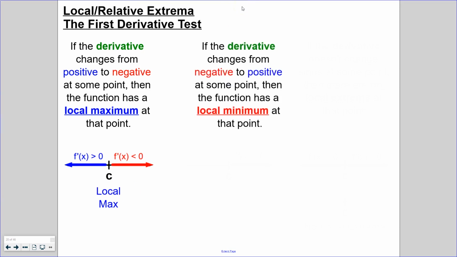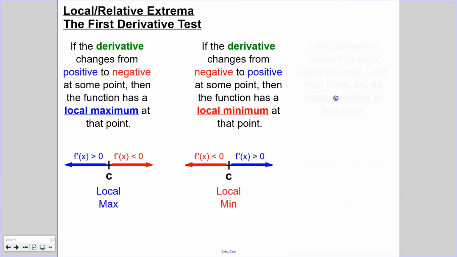Then, part 2 says if the derivative changes from being negative to positive, then the function has a local minimum at that particular point. So if we look again at the critical number, if the derivative changes from being negative to positive, that means that critical number, or that critical point, is a local minimum.